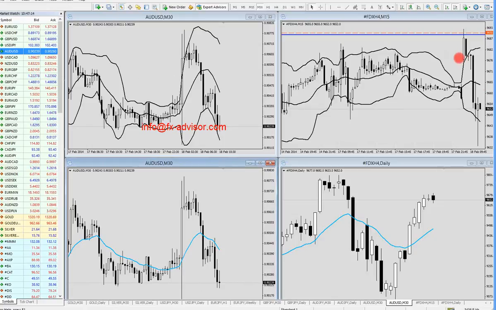Yes, I'm mentioning the DAX again because it was quite a good opportunity here, but simply we missed it, and we don't want to chase the prices from here, right? Because our stops are going to be wider, the profit margin is going to be lower, and there is nothing we can do, and we don't want to trade that way.